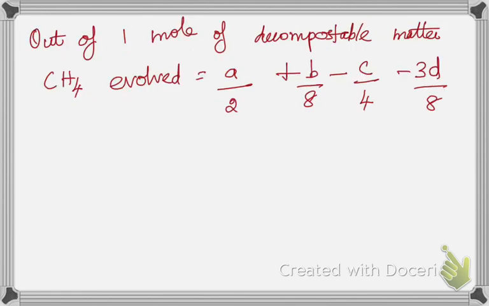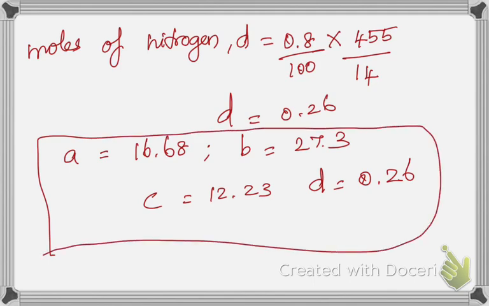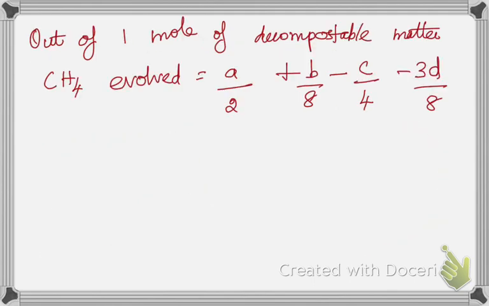So out of 1 mole of decomposable matter, the methane evolved is, as I have told, we are going to use that empirical formula, A by 2 plus B by 8 minus C by 4 minus 3D by 8, and we have determined all our A value, B value, C value and D value. So just apply here.